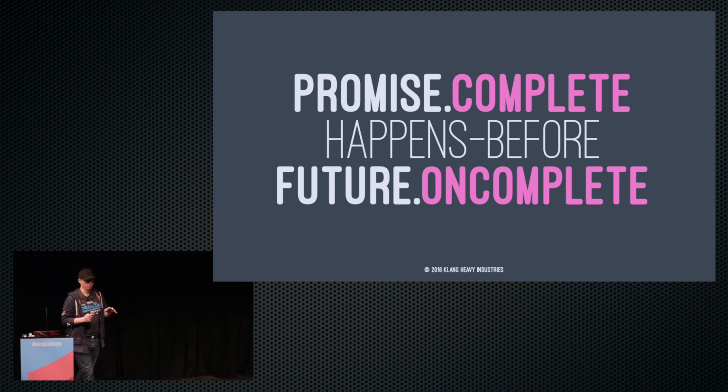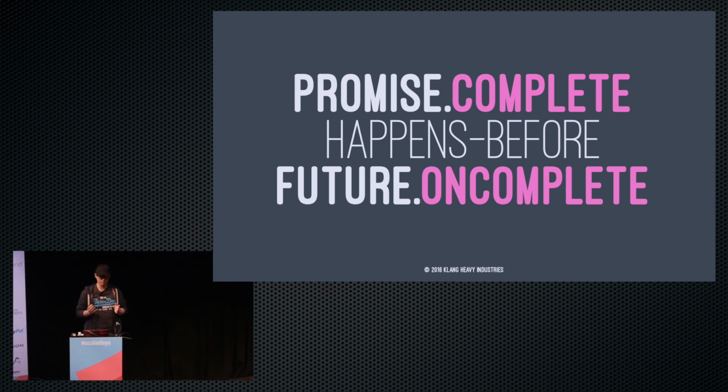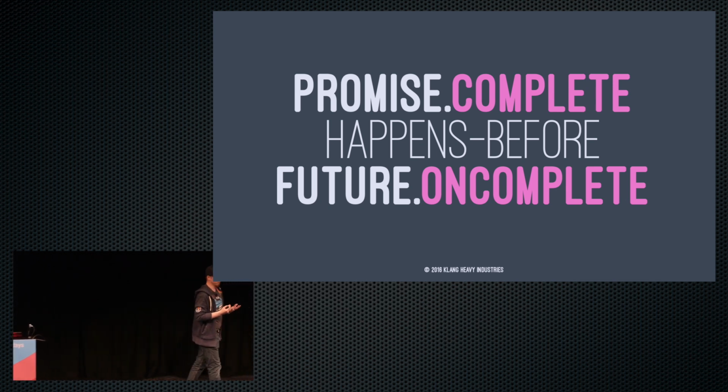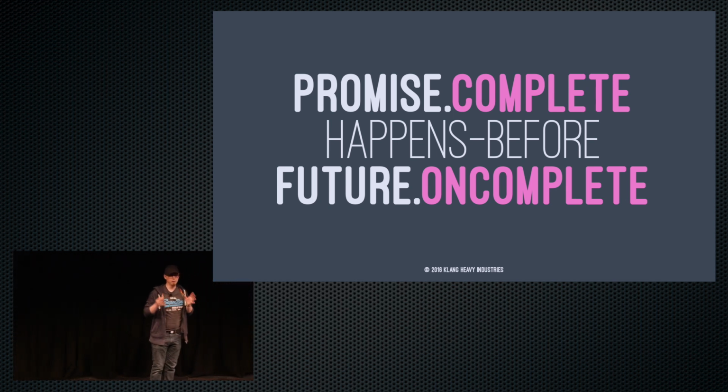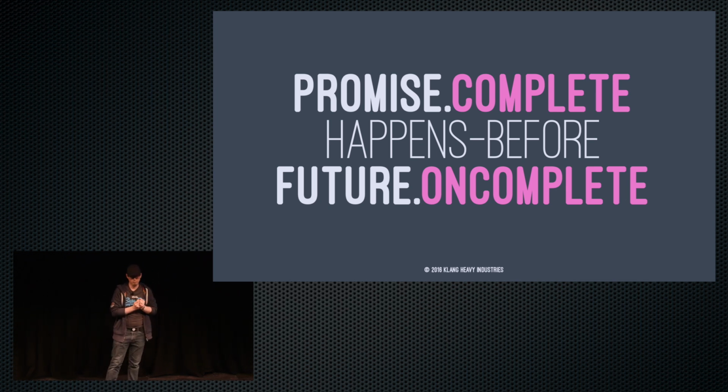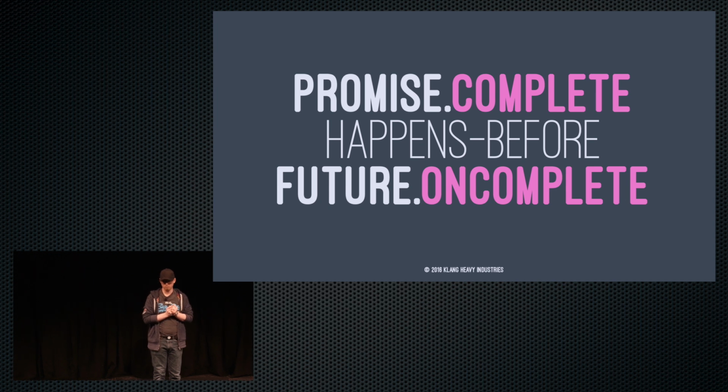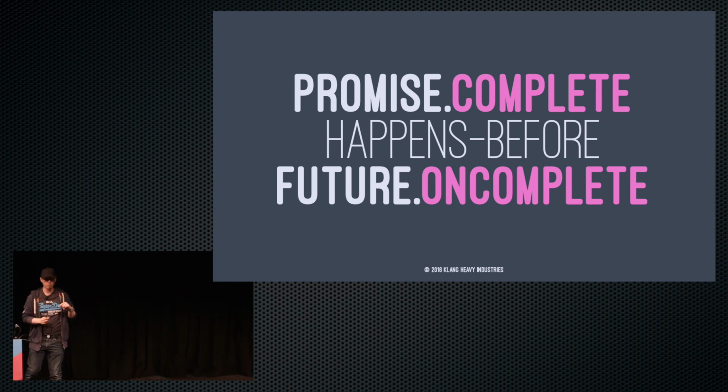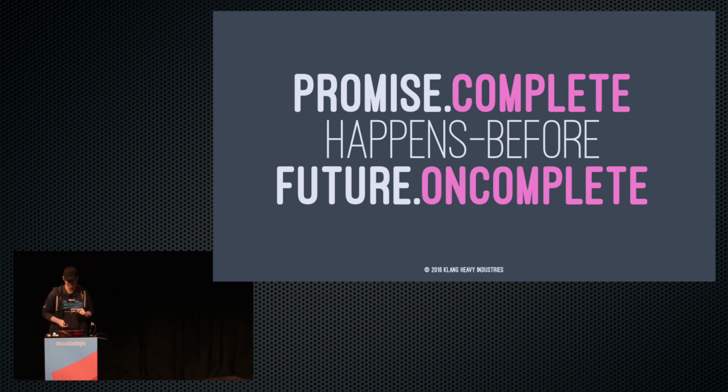The completion of a promise happens before, which is a very well-established term in terms of memory visibility, the invocation of the callback. We know that if we publish something into this promise, it will be safely published to all the consumers of its future. Important, super important. This is not super well stated in the current documentation, so I think this is an important slide.